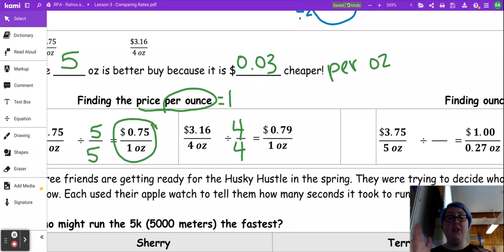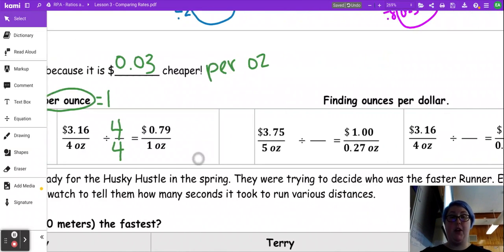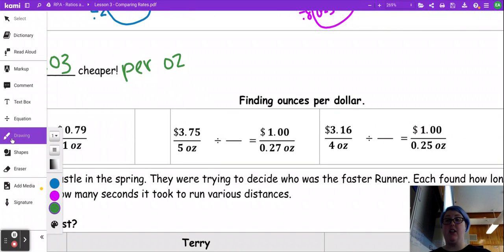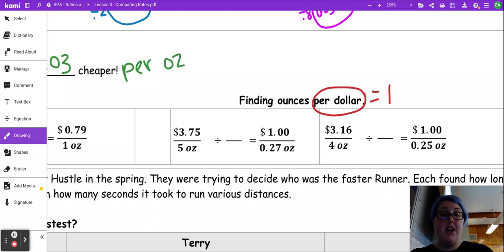This is not the only unit rate we can find. You can do per ounce, ounces per dollar. Let's see, do we get the same? Now the dollar. So we need to divide each of these by 3.75. And we find that for every dollar in the 5-ounce bottle, you'll get 0.27 ounces.